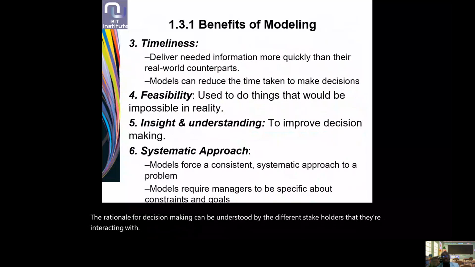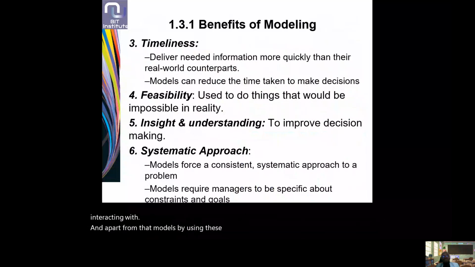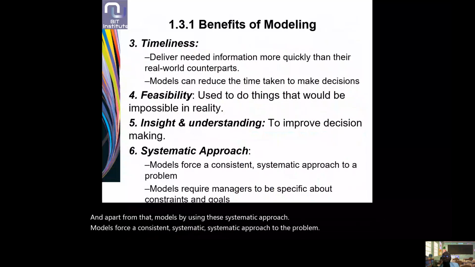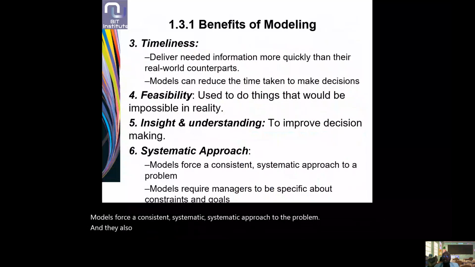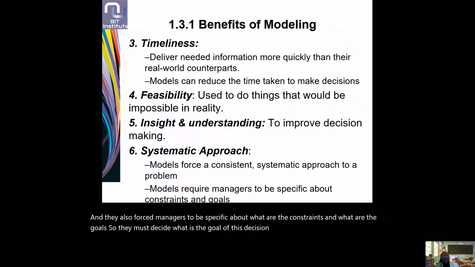And apart from that, by using this systematic approach, models force a consistent, systematic approach to the problem. And they also force managers to be specific about what the constraints and what the goals are. So they must decide what is the goal of this decision and which constraints impact on this particular goal that we want to realize.